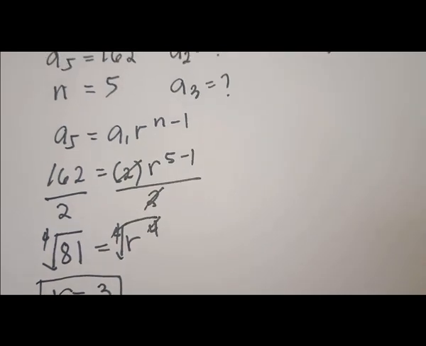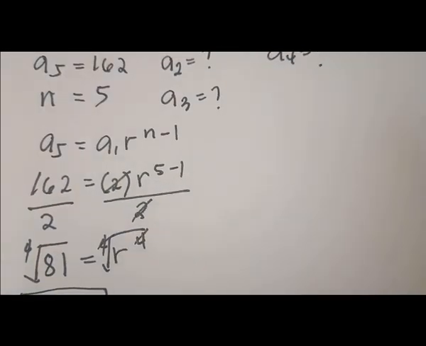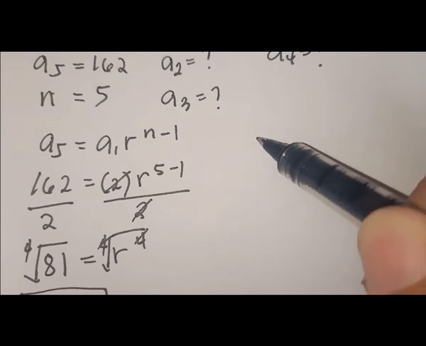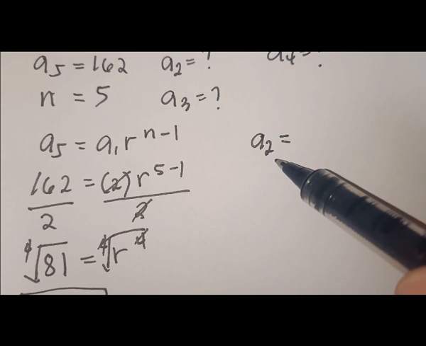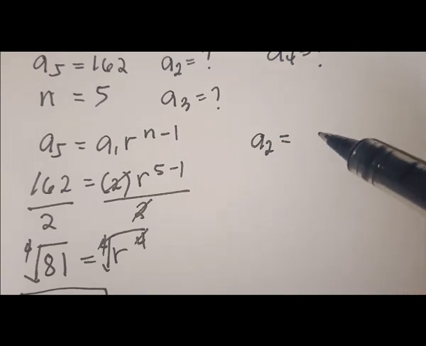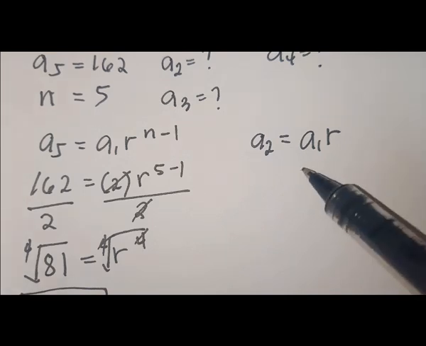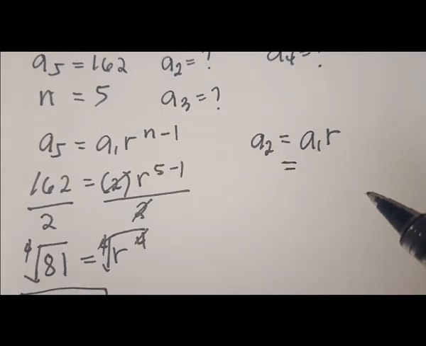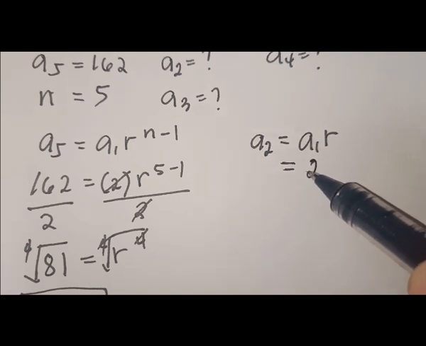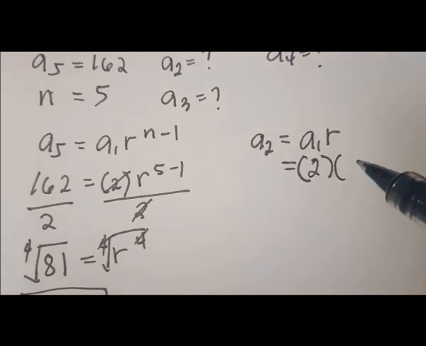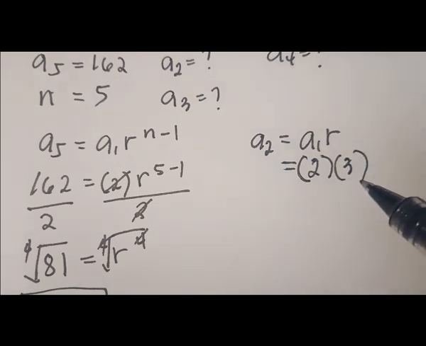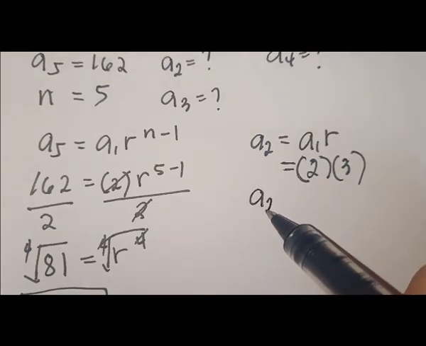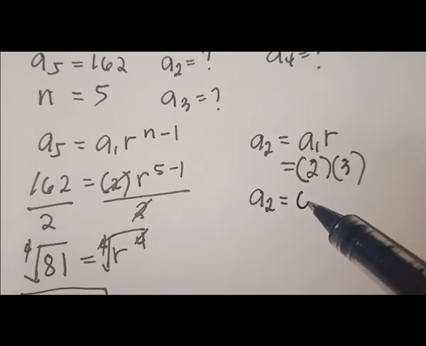So, dahil meron tayong value ng common ratio, pwede na tayo ngayong mag-solve ng value ng ating a sub 2. Para makuha natin ang a sub 2, kailangan natin yung value ni a sub 1 times its common ratio. Ang value ng ating a sub 1 ay 2, at ang value ng ating common ratio ay 3. So, 2 multiplied by 3, therefore, yung a sub 2 natin ay 6.